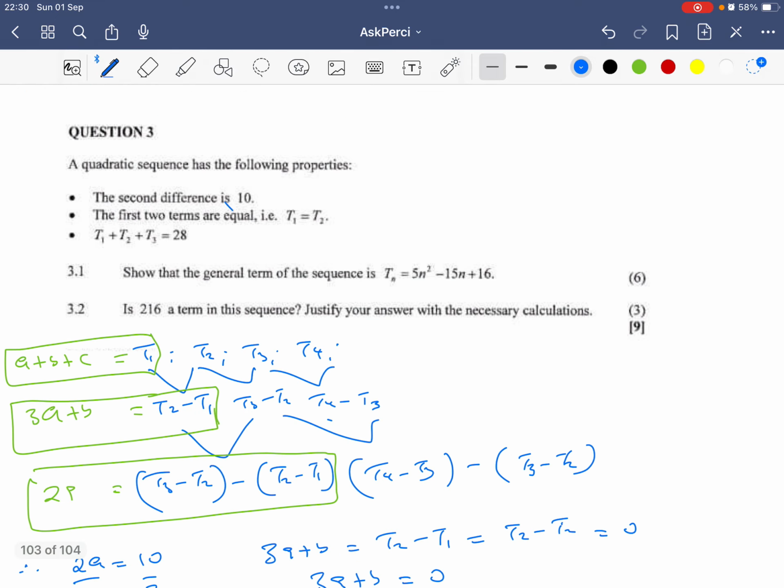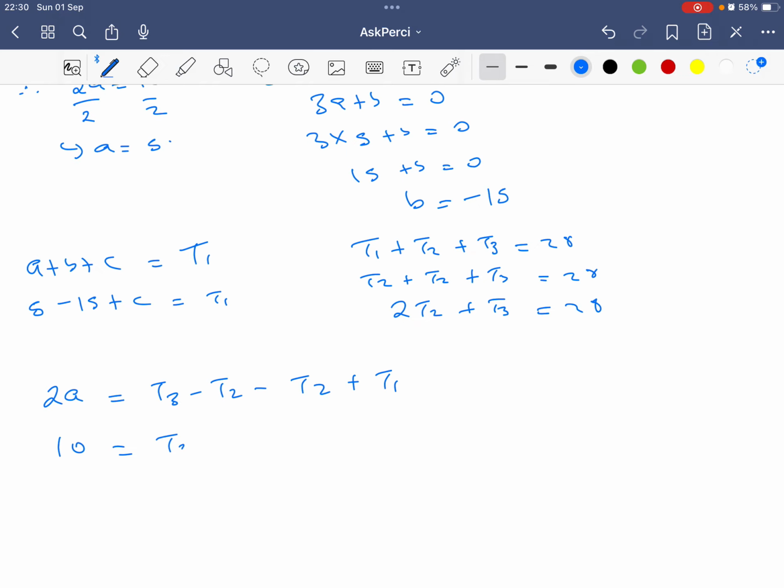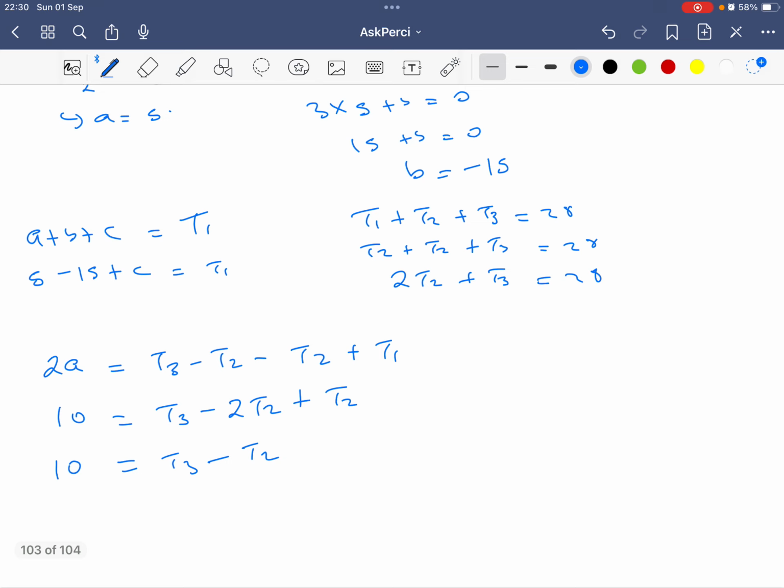That's been given, or you can find it here: A times 2 is 10. So this is T3 minus T2, and by the way this T1 is T2 as well, so this is equal to T3 minus T2. So if you have this first equation and this second equation, you can make it a simultaneous equation and solve for T2.